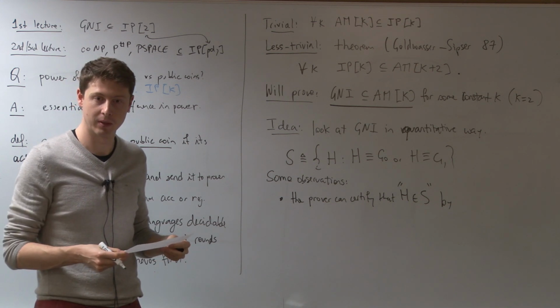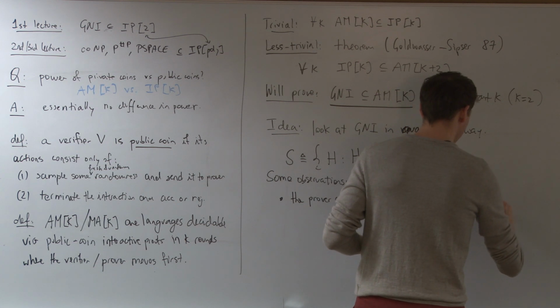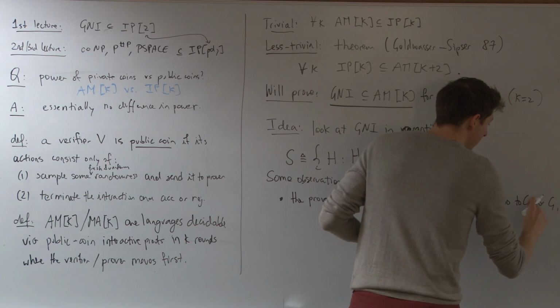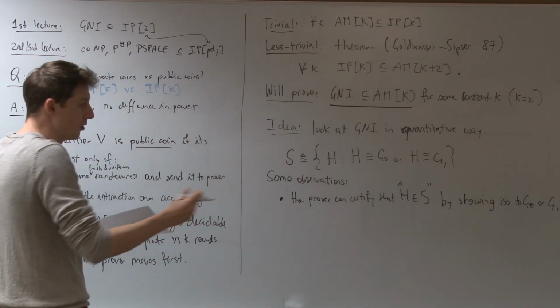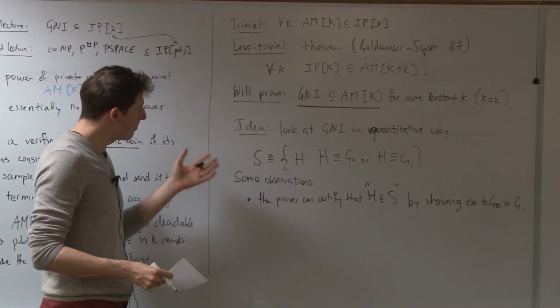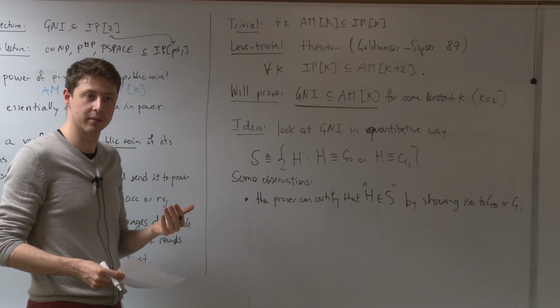Yeah, by showing an isomorphism to G0 or G1. If the two graphs are isomorphic, it doesn't matter which one. If they're not isomorphic, well, to one of them. Okay? So membership in the set S has small certificates. Okay?